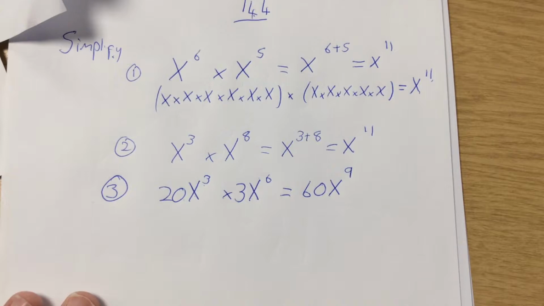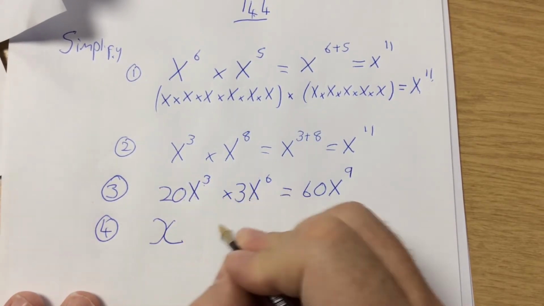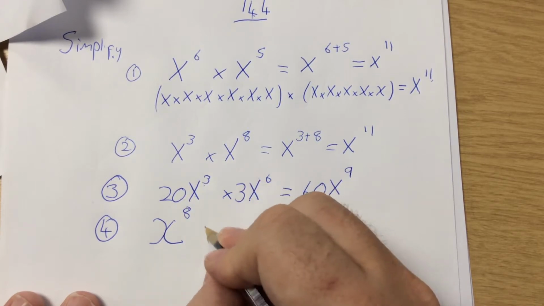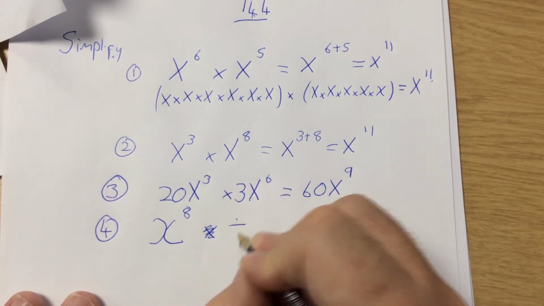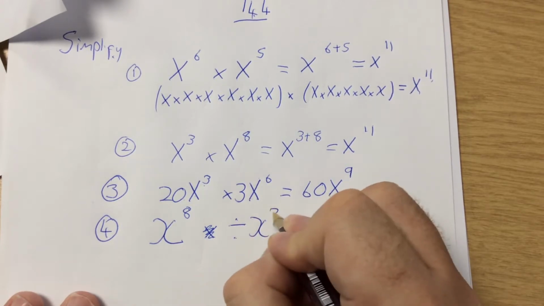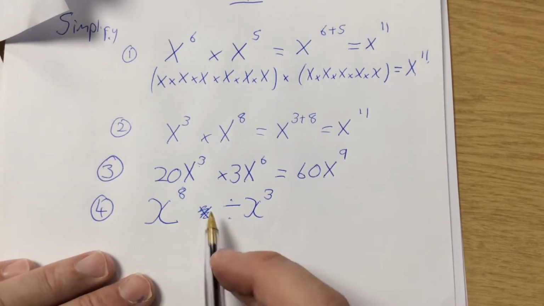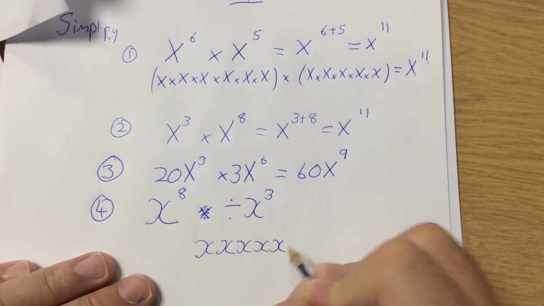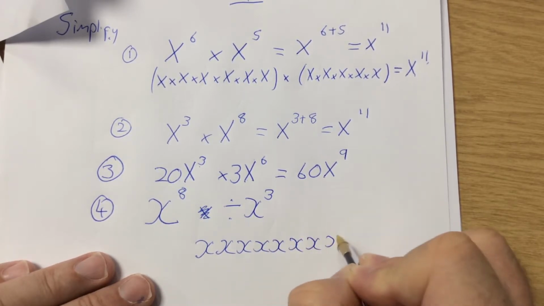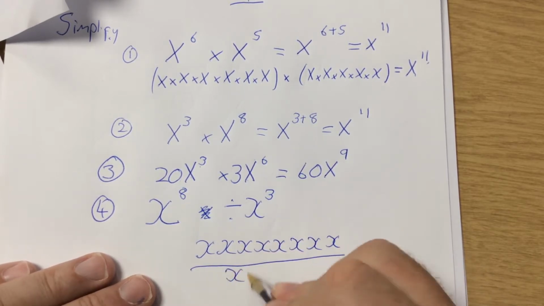Anything else? They could ask you to divide. If I was dividing indices, I'll do my x's curly so they don't look like times. x to the 8 divided by x to the 3. Whereas when you multiply indices, you add them, when you divide, there's another rule you use. Imagine I've got 8 x's on top, and I'm dividing by 3 of them.